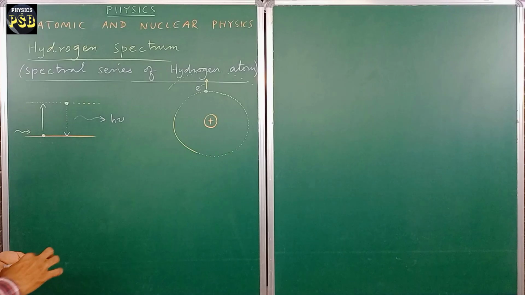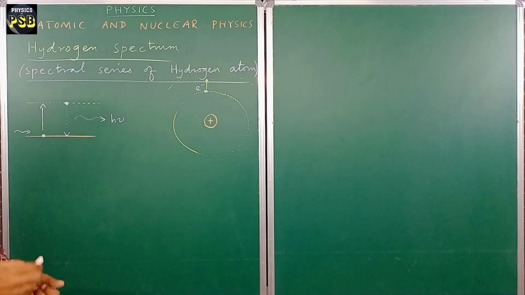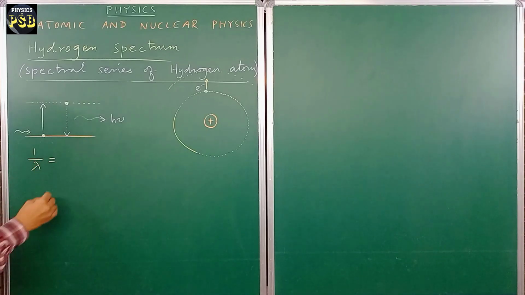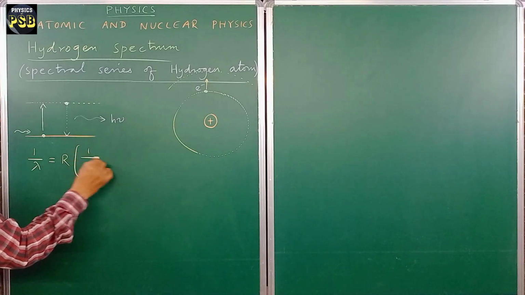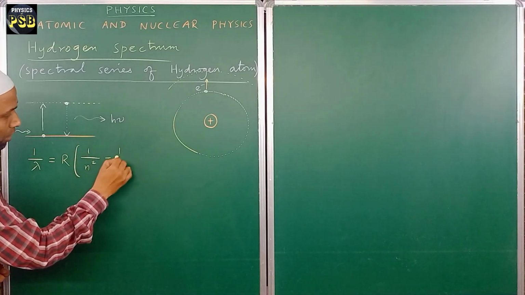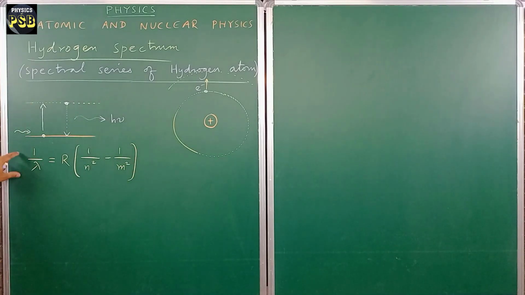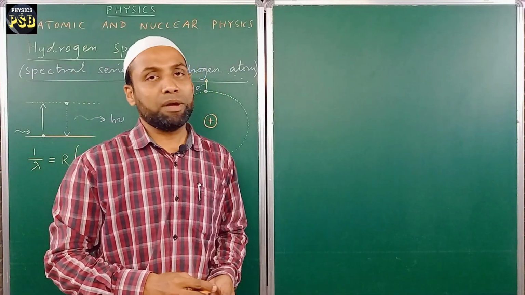Understood? And here the wavelength of the spectral line that we obtain is given by this equation: 1 upon lambda equals R multiplied by (1 upon n square minus 1 upon m square). Now this is the expression obtained from Bohr's atomic model.